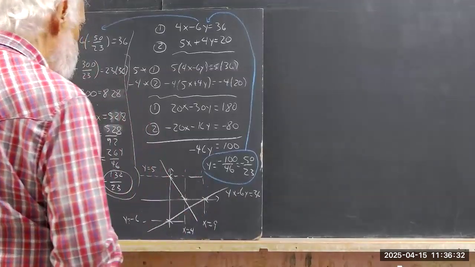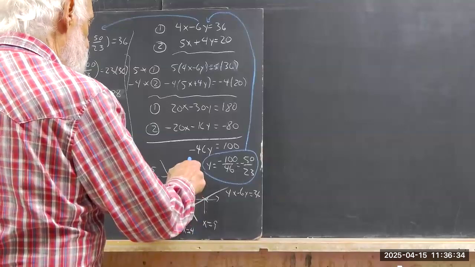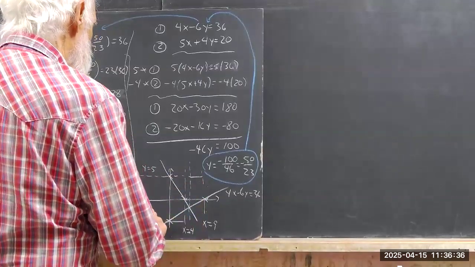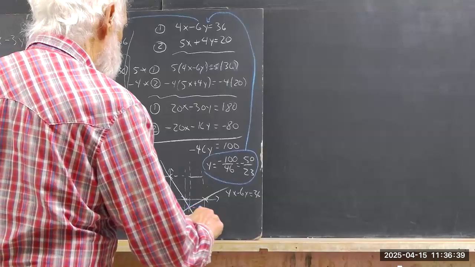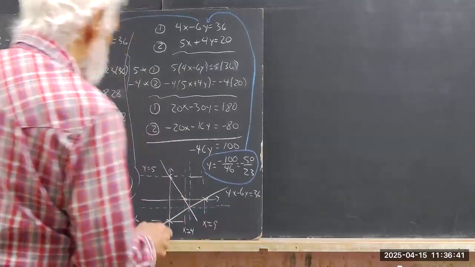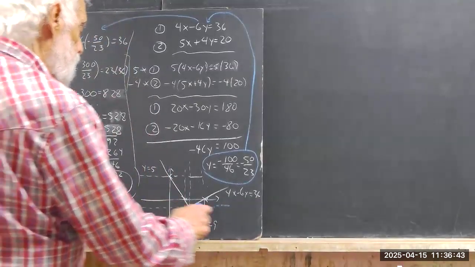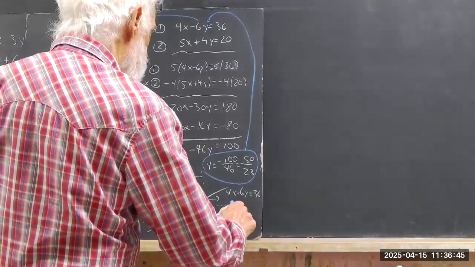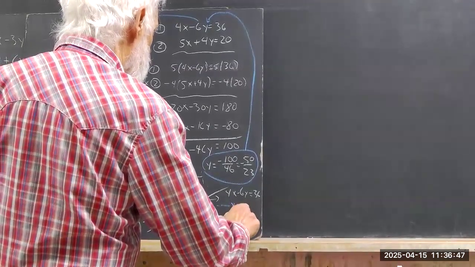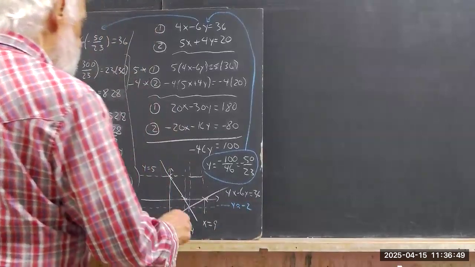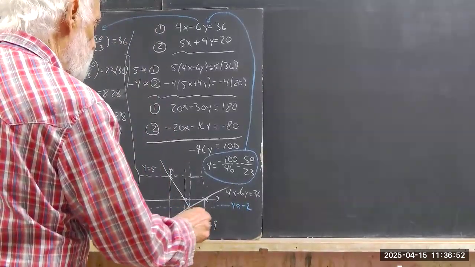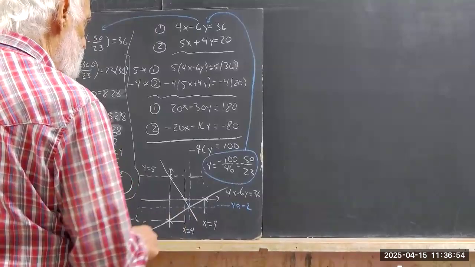Here's my straight line, and here's where they cross. I can estimate the x and y coordinates. If this is negative 6, that looks like about negative 2. This is x equals 4, and this is x equals 9.